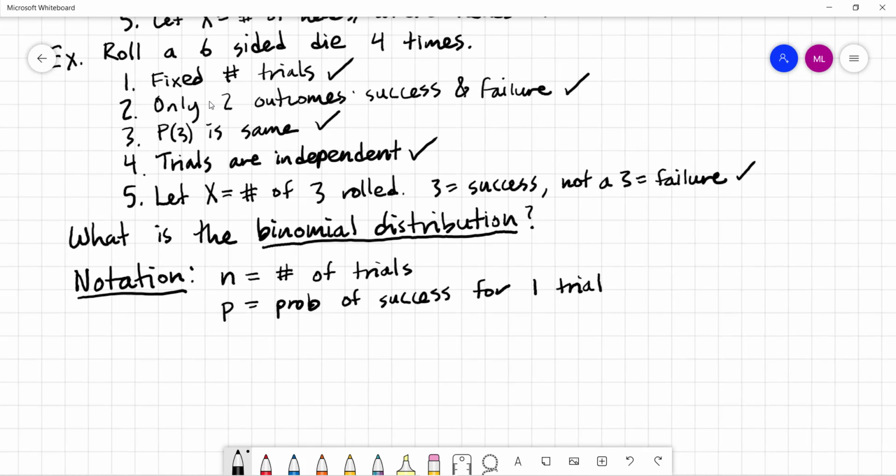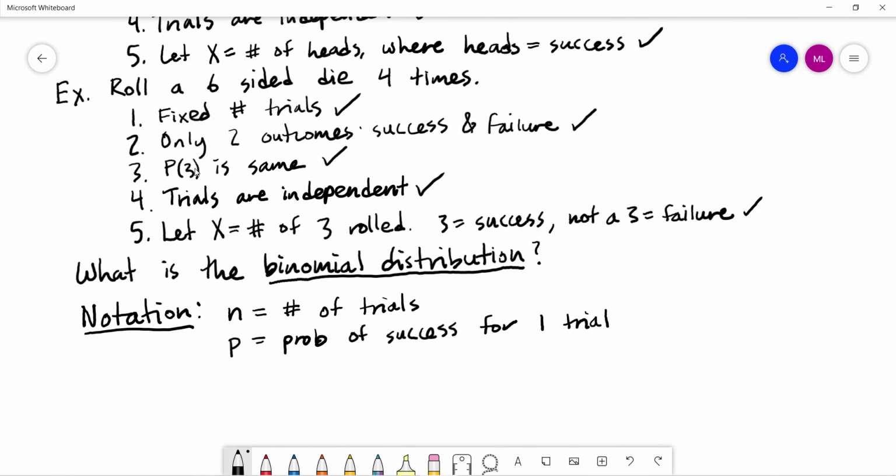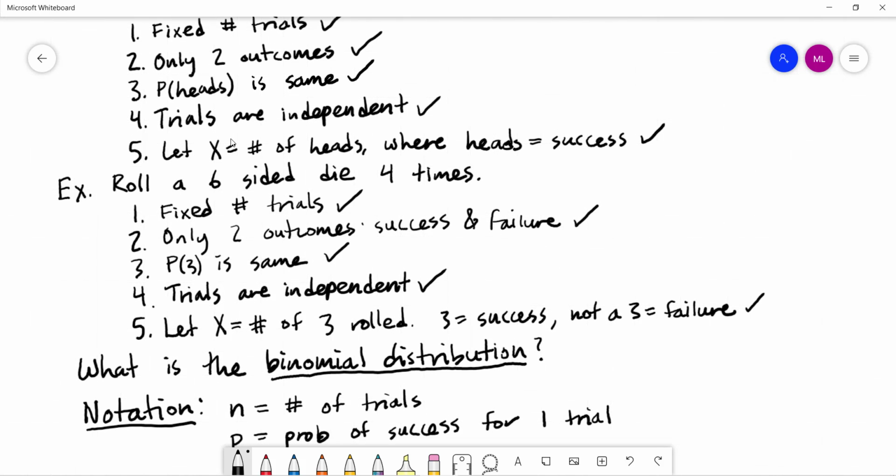Up here, when we talked about the probability of 3, where 3 is what we're considering our success, the fact that it's the same for every trial, in this case 1 in 6, means you have a 1 in 6 chance of rolling a 3. That would be our p for this problem. Up here we said probability of heads. We're considering heads to be a success. The probability of landing on heads is always the same for each trial, always a half.